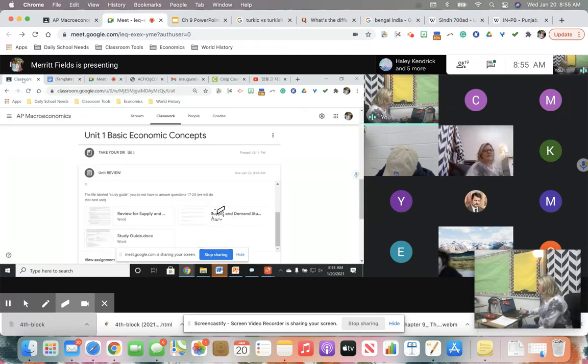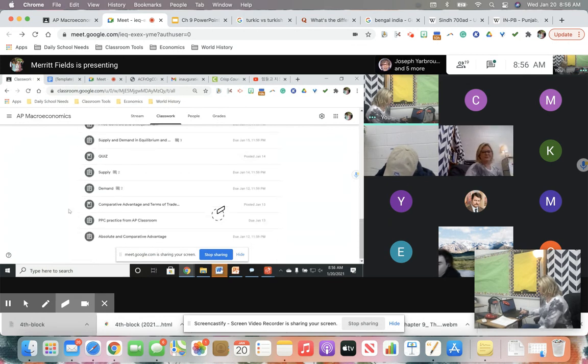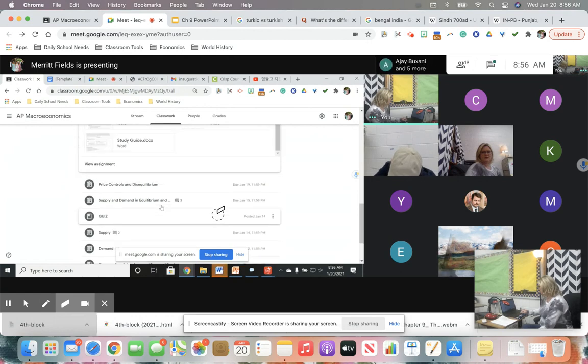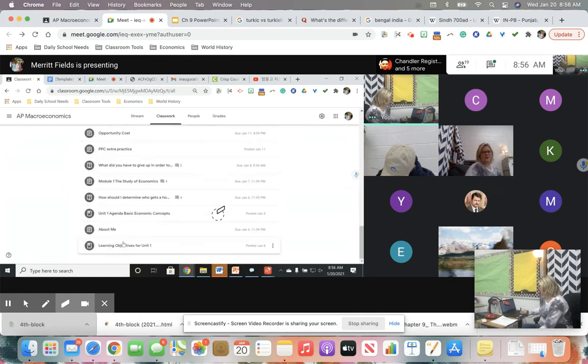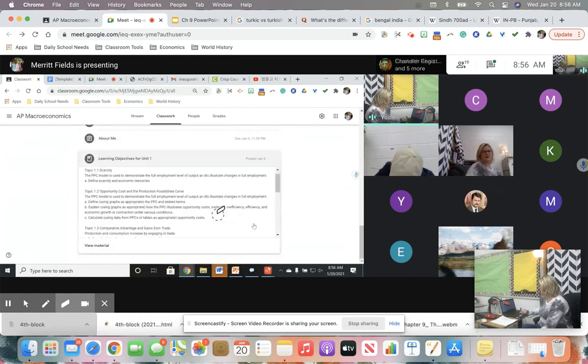The other information that you have that you may or may not find beneficial is down here. Your learning objectives for Unit 1. All of this tells you everything that you should know in this unit.